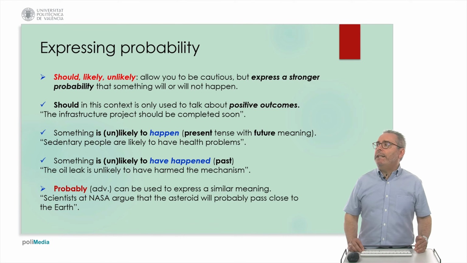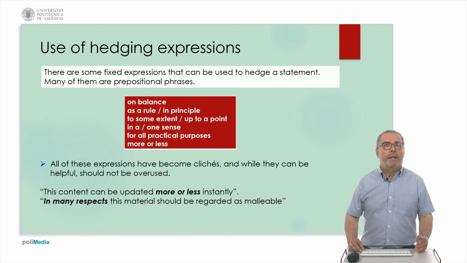The oil leak is unlikely to have harmed the mechanism. Again, some other words, such as probably, which is an adverb, can be used with the same meaning, such as in this example. Scientists at NASA argue that the asteroid will probably pass close to the Earth.